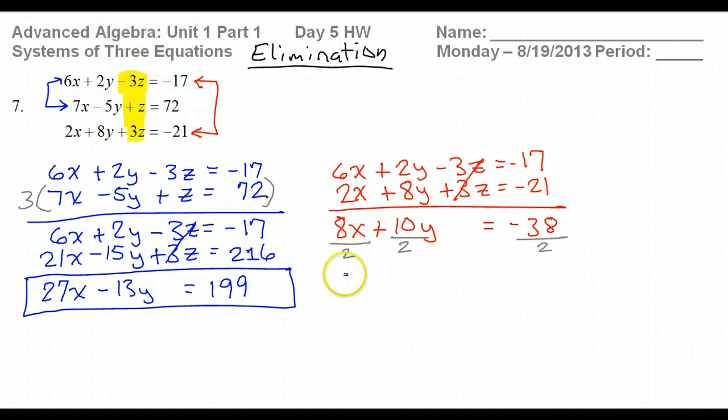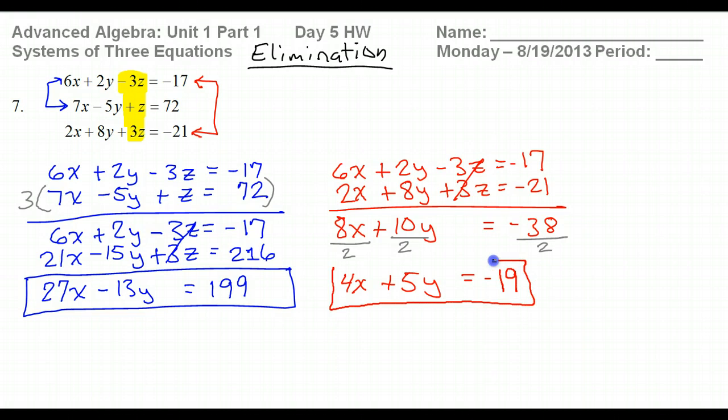So this equation then becomes 4x plus 5y is equal to negative 19. Okay, so this is the equation I'm going to go with. Alright, you didn't have to reduce it like I did, but I would divide by the greatest common factor if you notice it. Working with smaller numbers is easier than working with larger numbers.